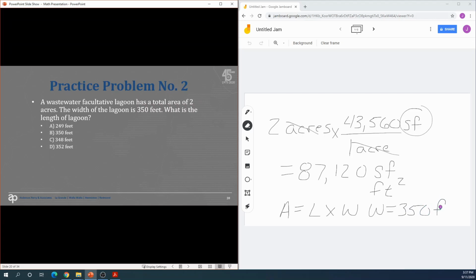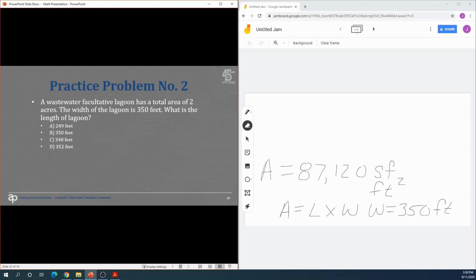We know our area is equal to 87,120 square feet.